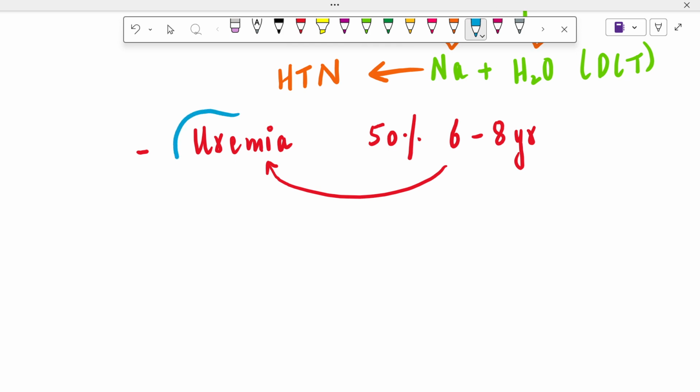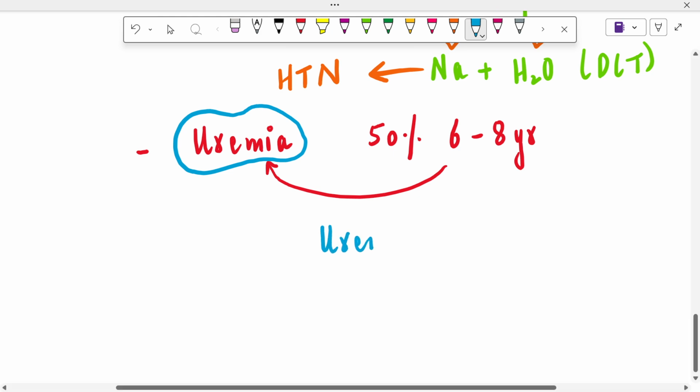That's why urea starts to build up in the blood. That's what we call uremia, and uremia is very dangerous for the system. It leads to uremic pericarditis and uremic encephalitis. These are two conditions that uremia can lead to.